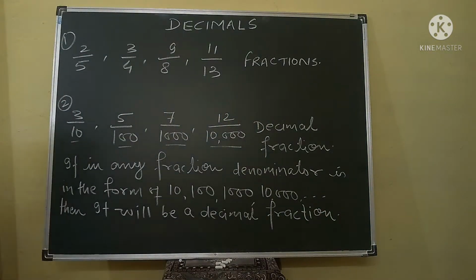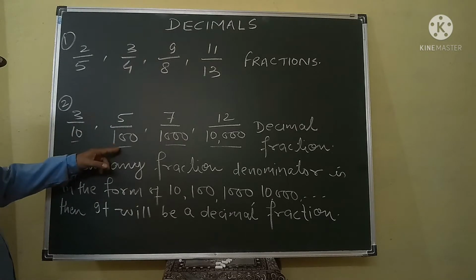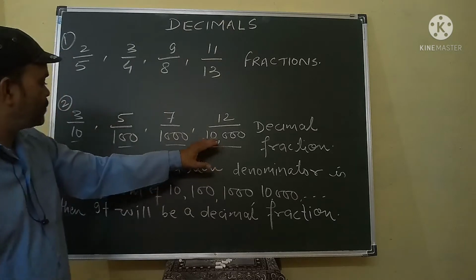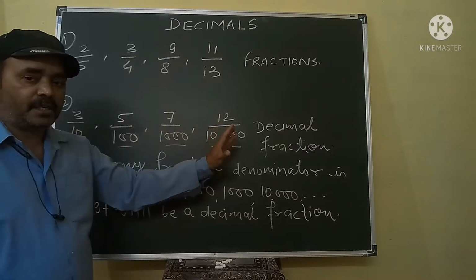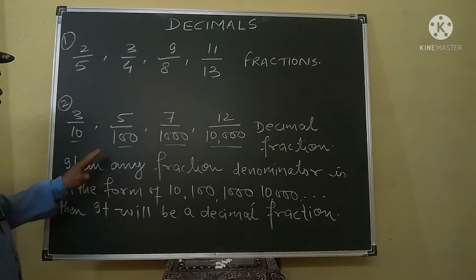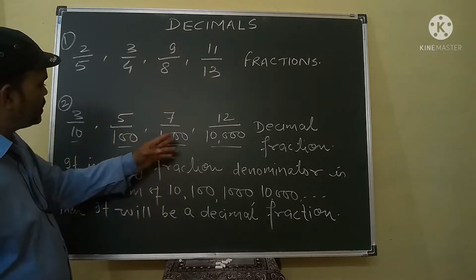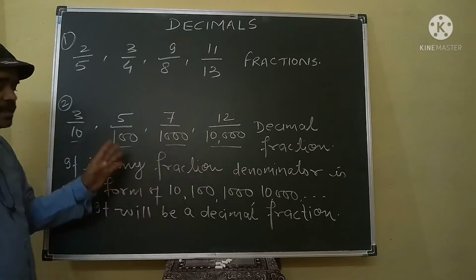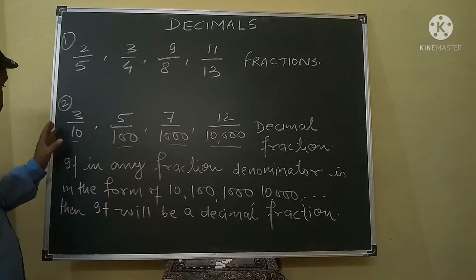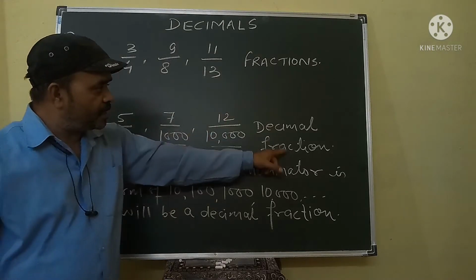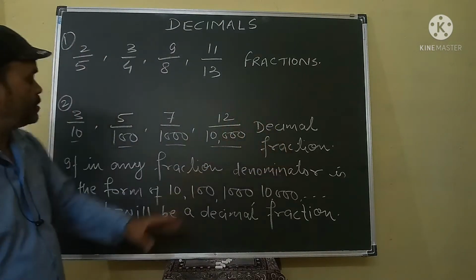As you are looking, this is 3 upon 10, 5 upon 100, 7 upon 1000, 12 upon 10,000. In all these numbers, denominators are in the form of 10, 100, 1000, 10,000 and so on. So these types of fractions are called decimal fractions.